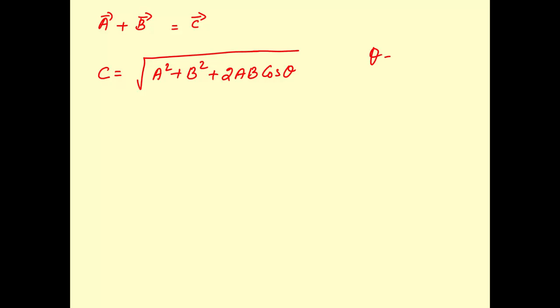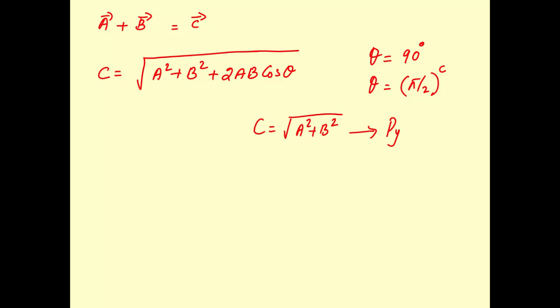If I am adding A and B to get C, then the value of C will be nothing but root of A square plus B square plus 2AB cos theta. இதில் when theta equal to 90 degrees, or you will say theta equal to pi by 2 radians, the radian என்ன நம்ம பார்ப்போம் அடுத்த செஷன்ல. What is the radian? So 90 degree pi by 2 radian நம்ம எழுதலாம். Then C will be equal to root of A square plus B square, which is nothing but what we call as the Pythagoras theorem.